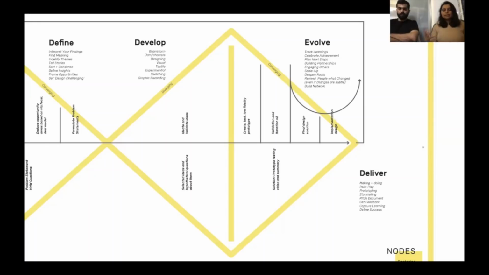So this is the place where you diverge, you gather maximum ideas, and you validate these ideas. You start by validating within your team members. You come down to a smaller set of ideas, and then you do more validation with your customers, with your users, and you again come back with a smaller set of ideas.